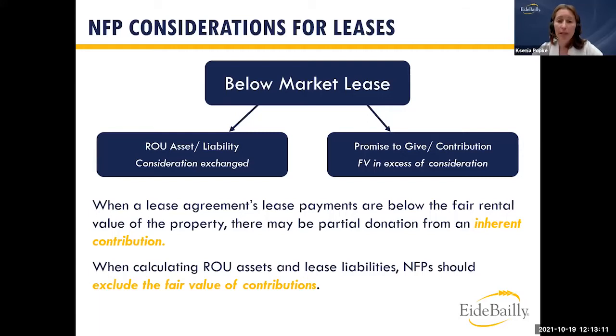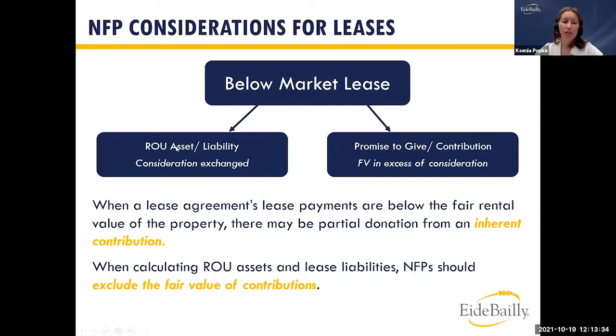So below market leases is one type of lease where the organization receives not only a contribution of the portion of fair market value in excess of the consideration that they pay, right? But they also sign a contract where they are providing some lease payments.